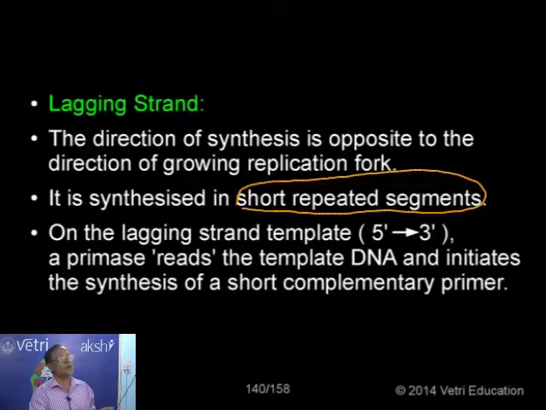Then what will happen? On the lagging strand template, which is normally running in the 5' to 3' direction, we have many primase enzymes. The primase enzyme reads the template DNA and initiates the synthesis of a short complementary primer.